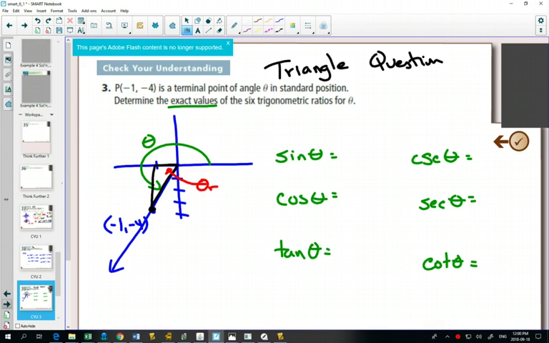I know, because I went to (-1, -4), how long is it from here to here? 1. And sometimes people will put a negative with that 1. Because I'm dealing with a triangle, I like to just think of lengths, and I like to think that length is 1. How long is this? 4.